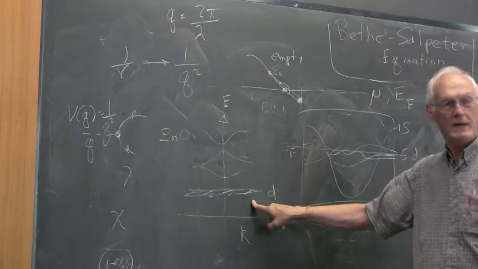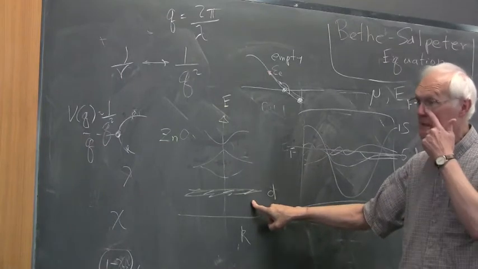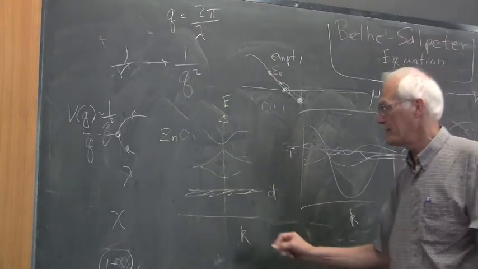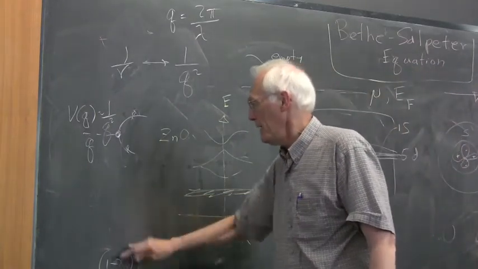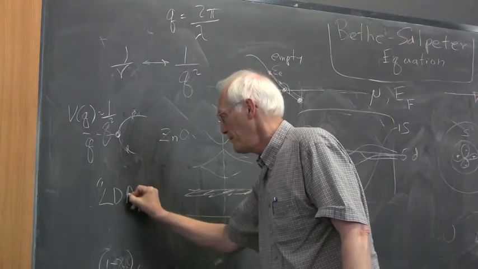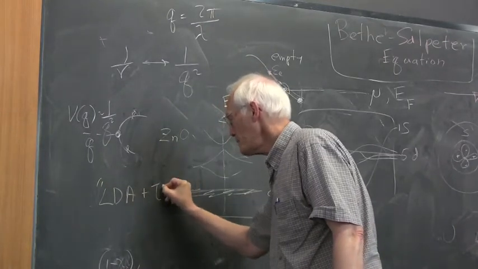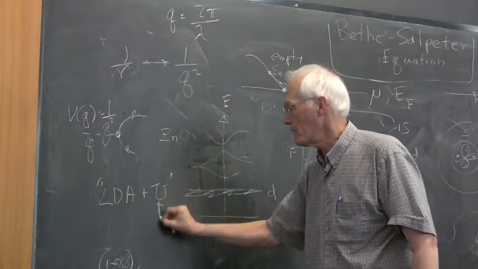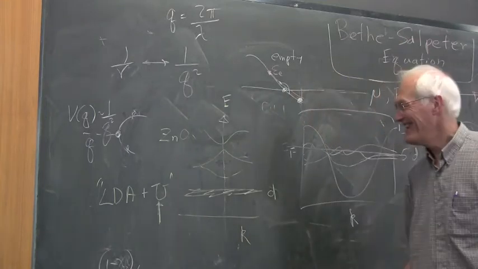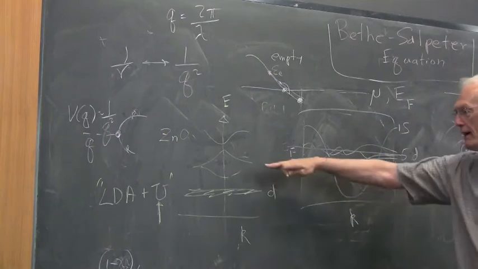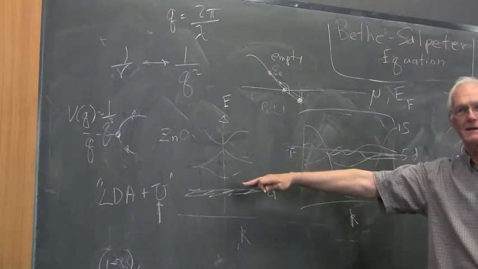And in many cases like this, you add something else to the problem, in particular what's called LDA plus U. It adds an extra repulsive term on each atom that then affects these localized states.